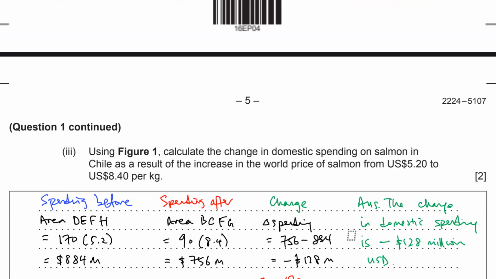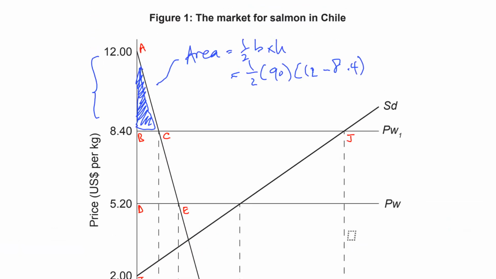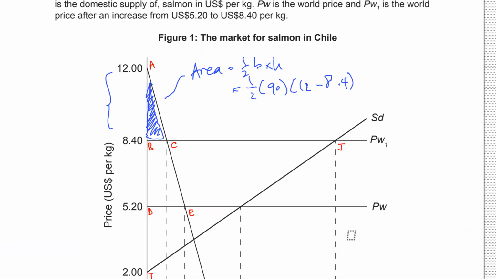Then to do the producer surplus, we're going to do something similar. Producer surplus, I'm going to get rid of this stuff over here. We'll wipe this out.